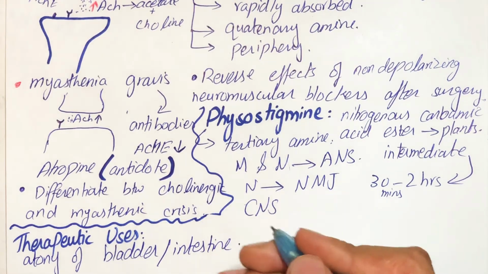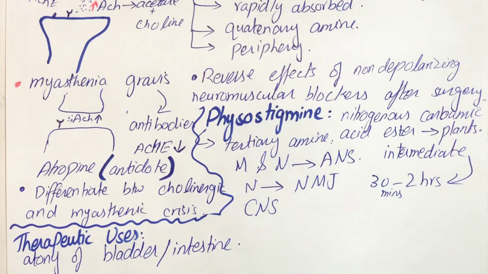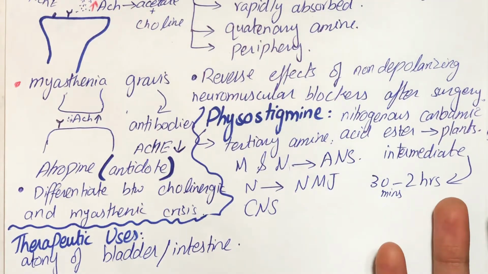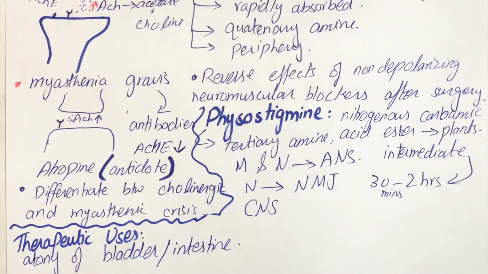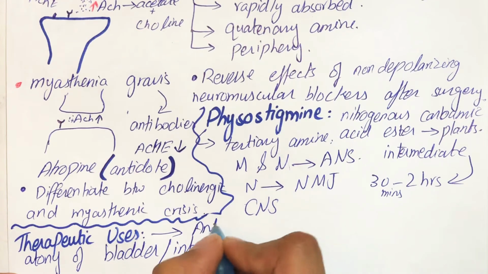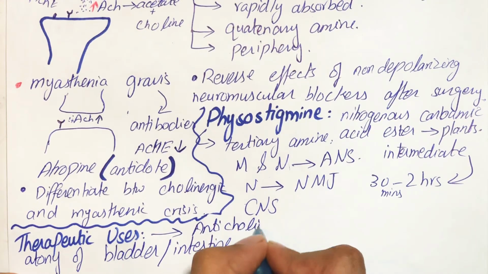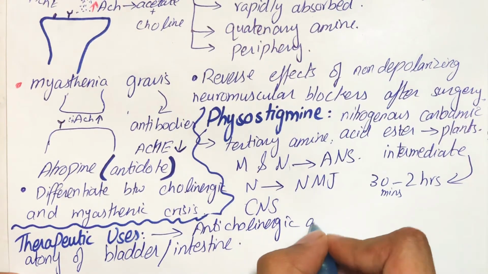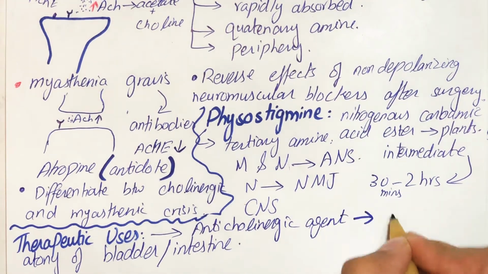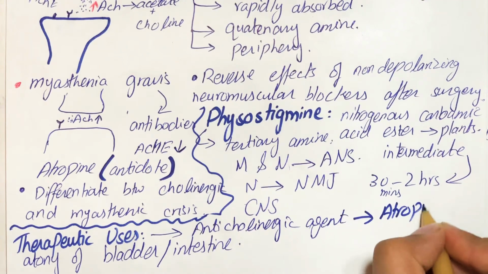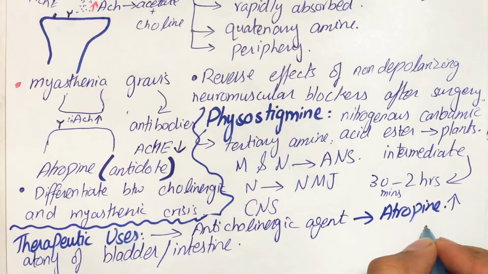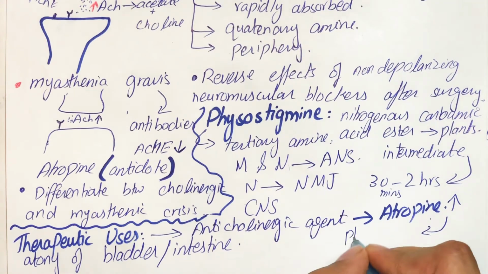We can also use Physostigmine for the treatment of overdose of drugs which are anticholinergic agents, like the very famous atropine. In overdoses of such agents, we can use Physostigmine.